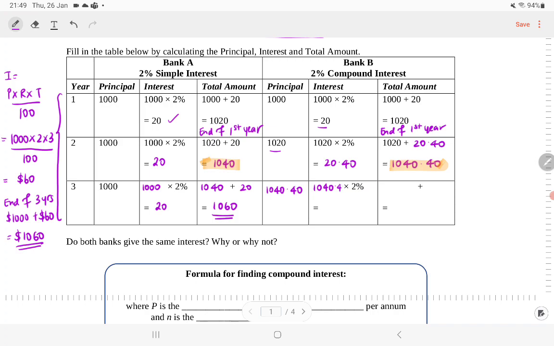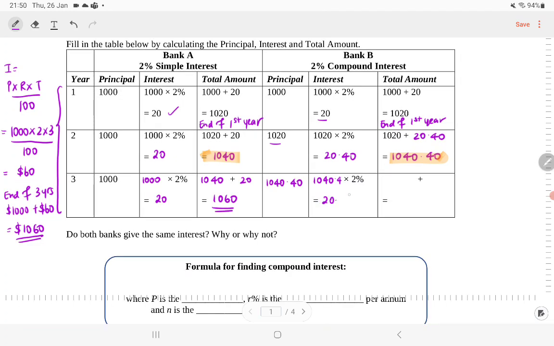So all of you take your calculator and do your calculation. Times 2, then divide by 100. I get $20.80. Of course, that's an 8.